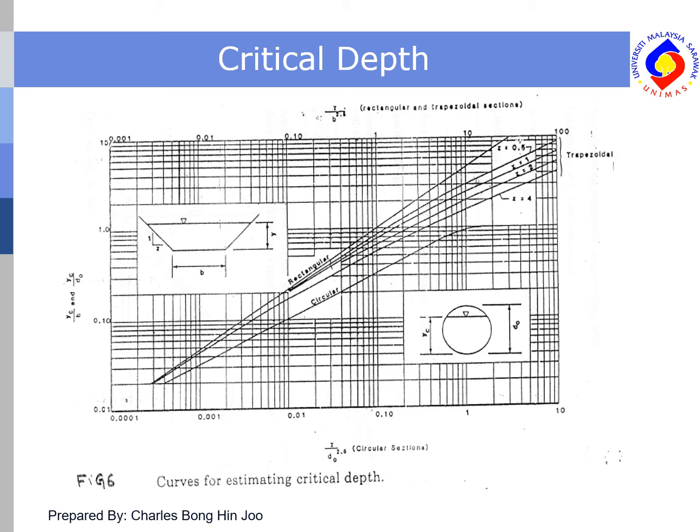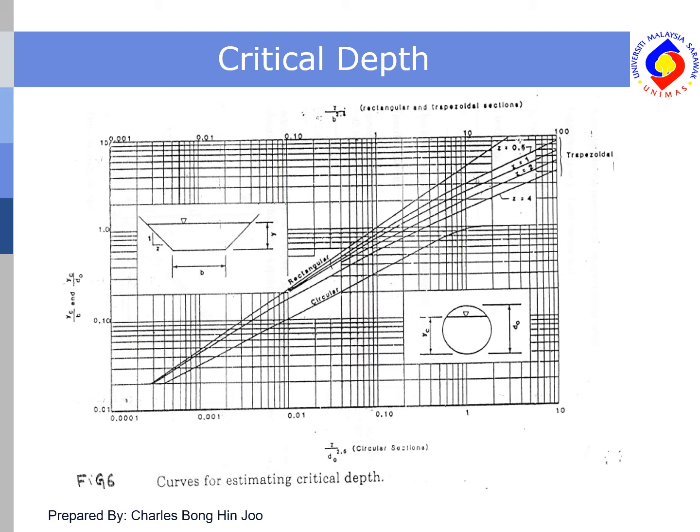From there, once you calculated the value of this Z divided by b to the power of 2.5, you can pull down the vertical line to touch the corresponding curve. If let's say it's a rectangular curve, then you touch the rectangular line and then you read what is the value on the y-axis.